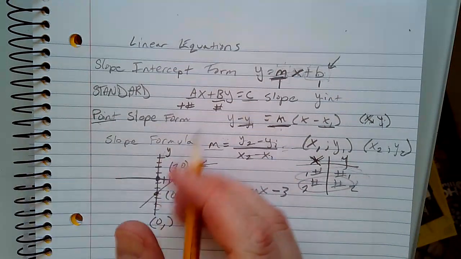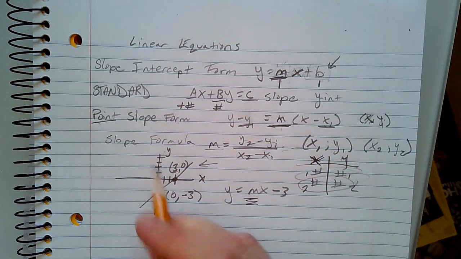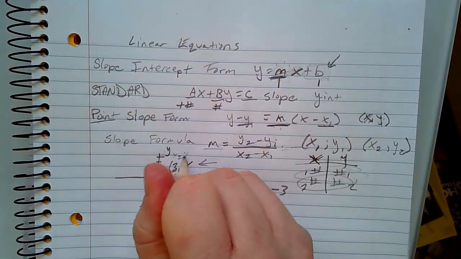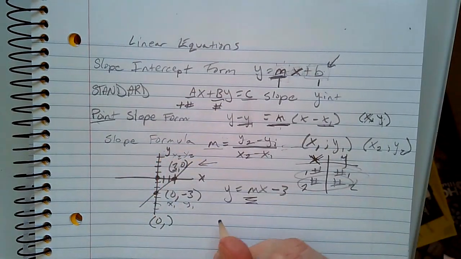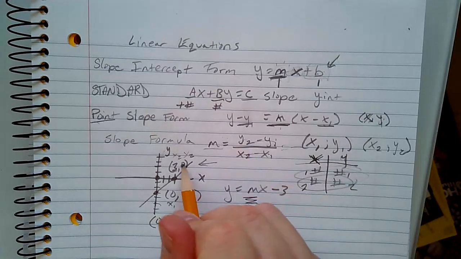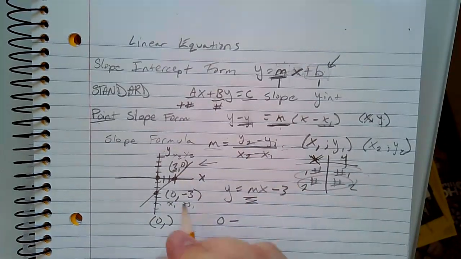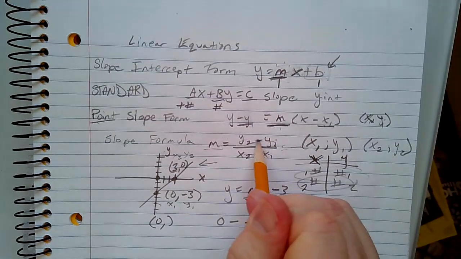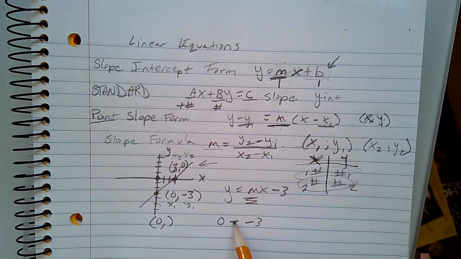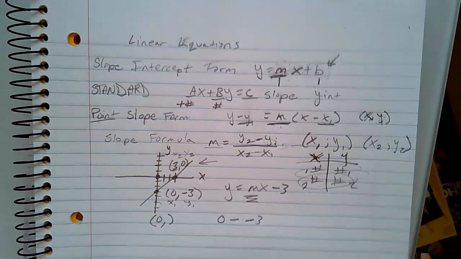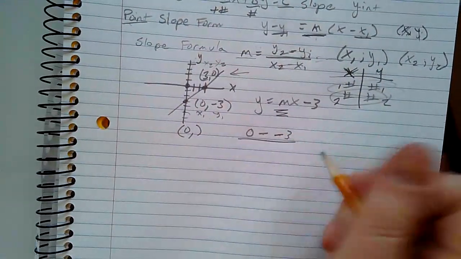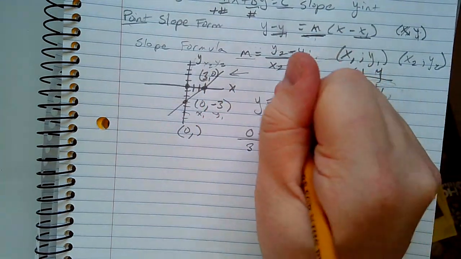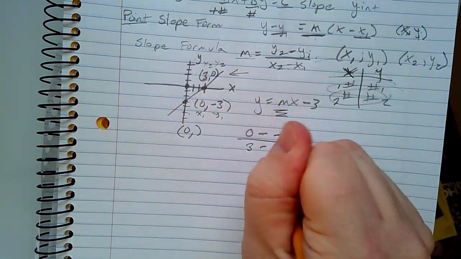If it makes sense for you to go left to right, this would be x1, y1, and this would be x2, y2. So we would say y2, which is 0, minus y1, which is negative 3. Subtraction is always built in, so we're subtracting a negative, over x2, which is this one up here, 3, minus x1, 0.